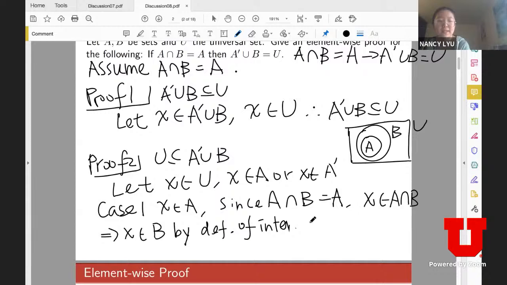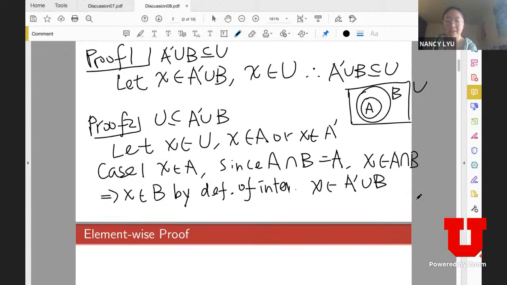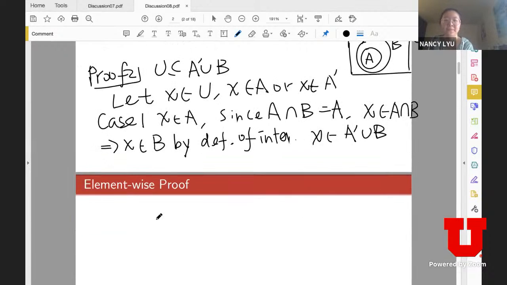So we can conclude that X is also in the union of these two by the definition of union.